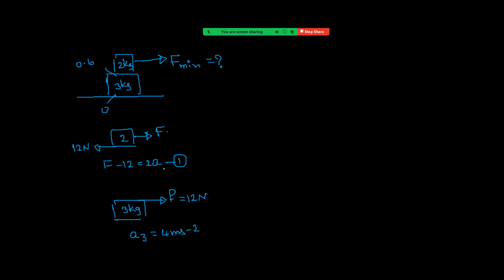Now taking this 4 in equation 1, F minus 12 is equal to 2 into 4. 2 4s are 8, 8 plus 12, 20. So we have to apply minimum 20 Newton. It means when 20 Newton is applied, slipping starts between the blocks.